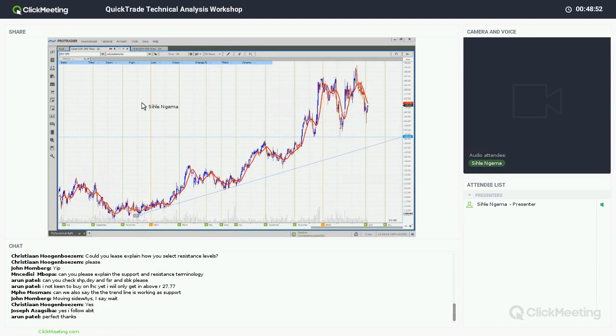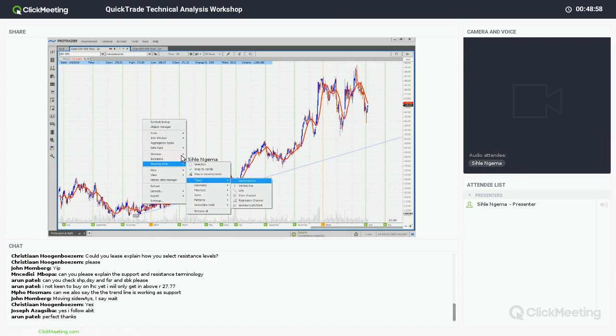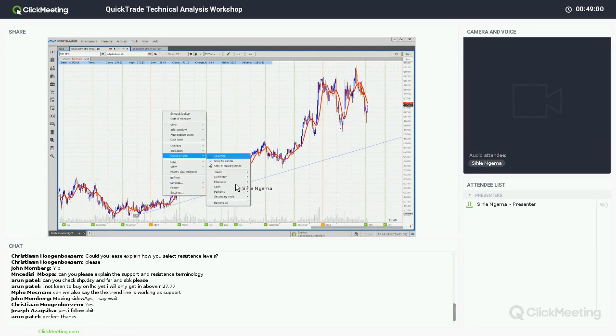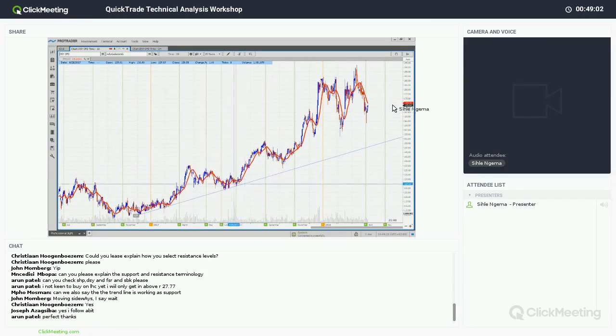There's your trend line there. Your trend line there. We have two trend lines on this one currently.